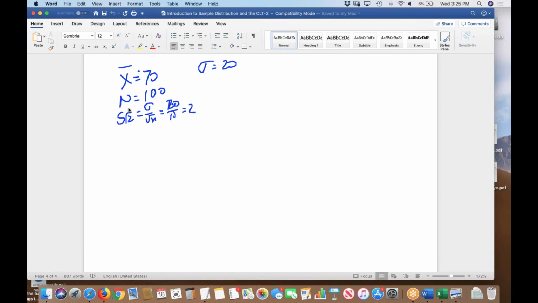So if I use this to determine my confidence interval, I'm going to have x bar plus or minus the z-score times my standard error, where the z-score represents an alpha of 0.05. Alpha means a type 1 error. We're going to be getting to that. Don't worry about it right now. In other words, the z-score that represents a 95% confidence interval.